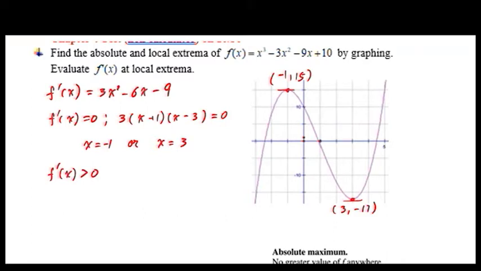Okay, now that means the function is increasing. On what interval?